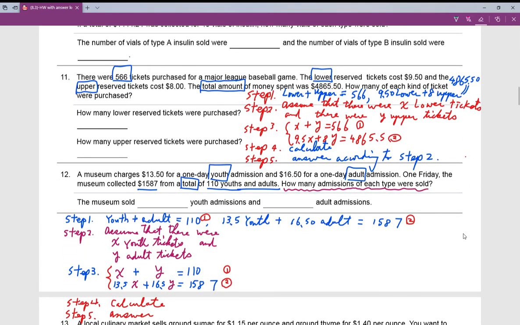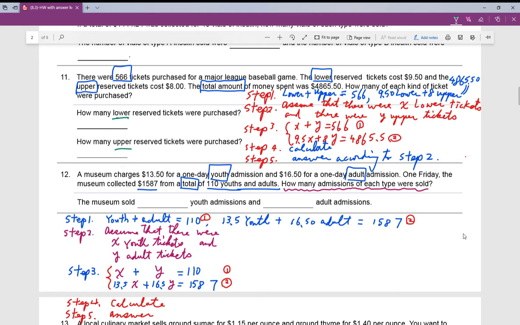Number 11. Same thing, we are talking about tickets. I show my work, and you can read it. Step 1, you take a note, just making a shortcut for your whole sentence. Step 2 depends on what they ask you. They ask how many lower and how many upper, so you say there are X lower and Y upper.